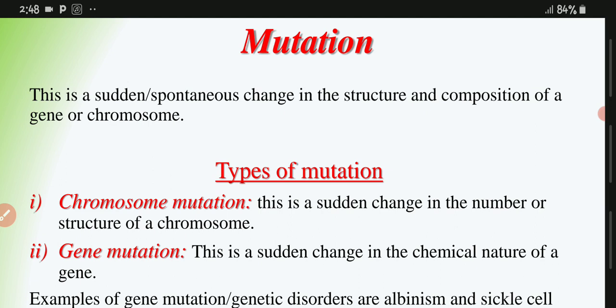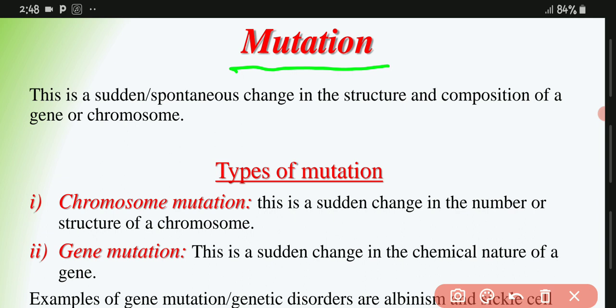Now in today's lesson, we are going to look at mutation. What you should think about first is the definition. Mutation simply means a sudden change in the structure and composition of a gene or chromosome.